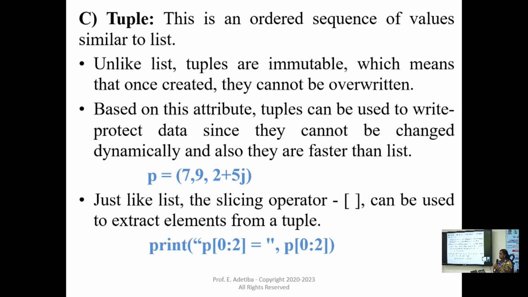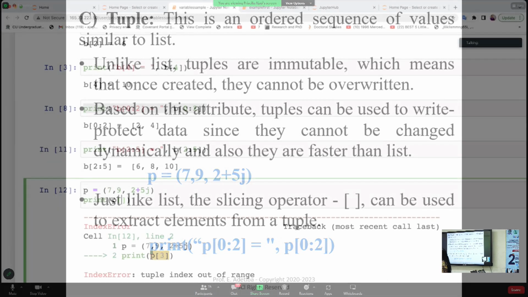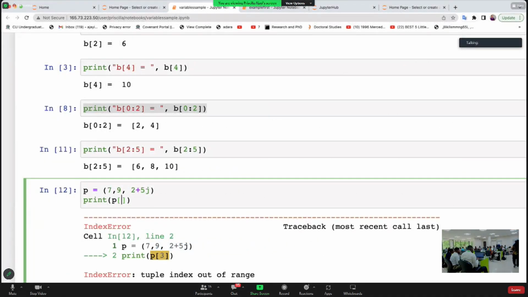Okay, someone has a question, please. Thank you. Please, I want to ask what particular use case can we use tuples for? I've actually not seen any use case for tuples yet.